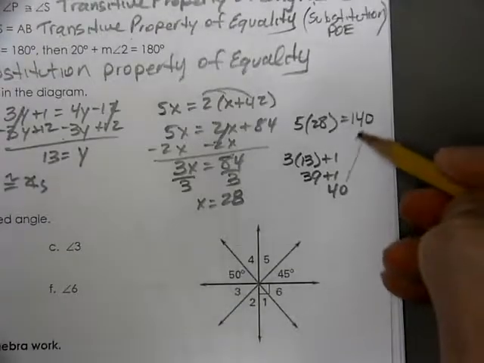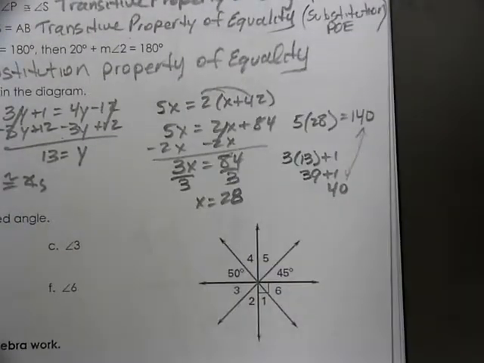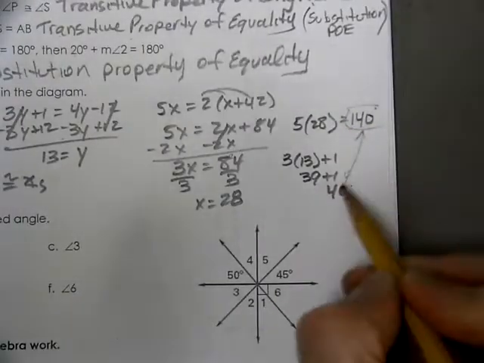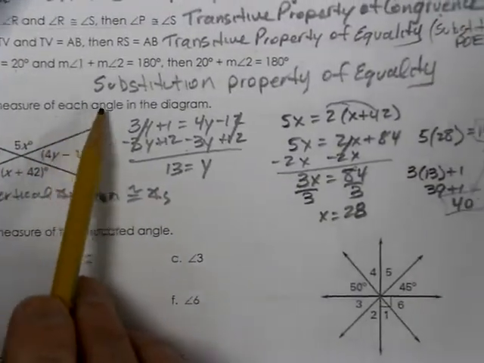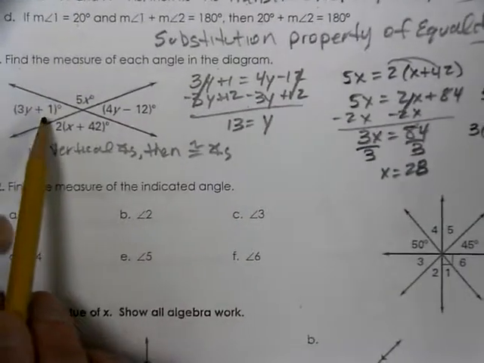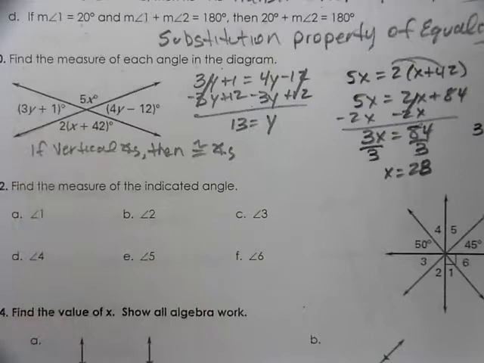Those are supplementary angles. They add up to 180. So perfect. Those are the answers that they're looking for. Find the measure of each angle in the diagram. We found one set to be 140 and the other set to be 40.